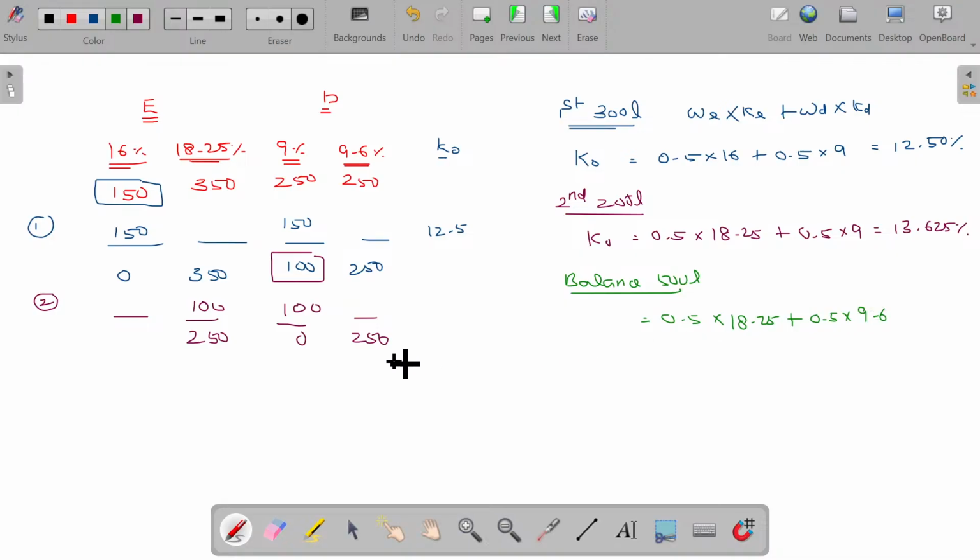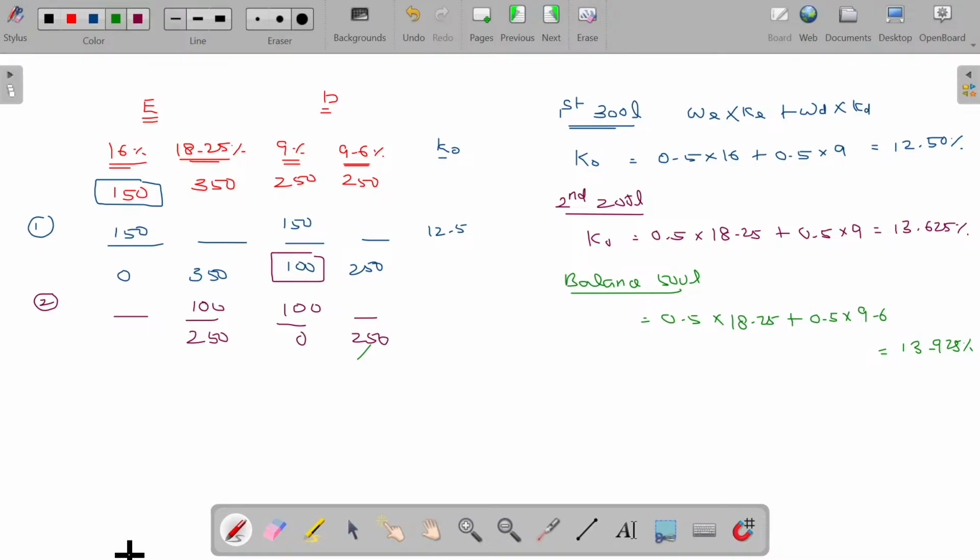Now the rate of interest also increases. This one has 9.6 percent and this one has 18.25 percent, so I am taking these two rates for the last fundraising. Here the ultimate value is 13.925 percent. So the marginal cost of capital gives you an opinion whether we can go for further projects or not.